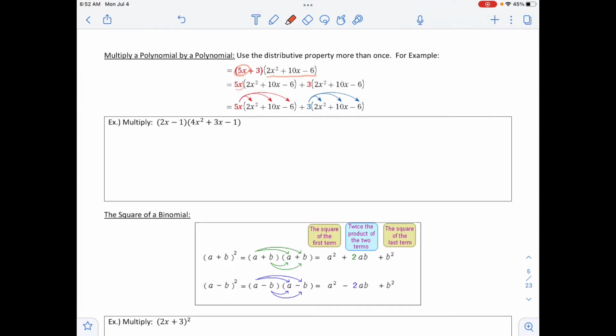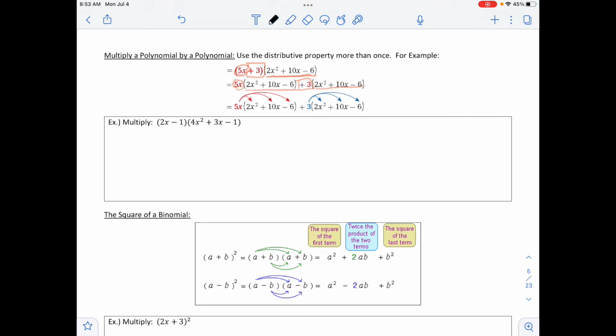So you'll see that 5x and then everything in the second parentheses. Then we write the second term that we have, and I'll box that. So plus 3 times everything in that second parentheses. And then from there, we can use the idea of distributive property twice and go ahead and keep working it out, combining like terms.